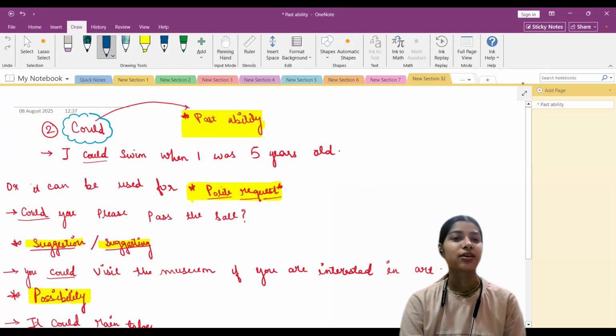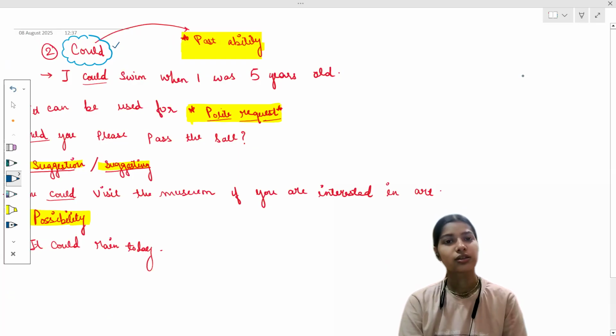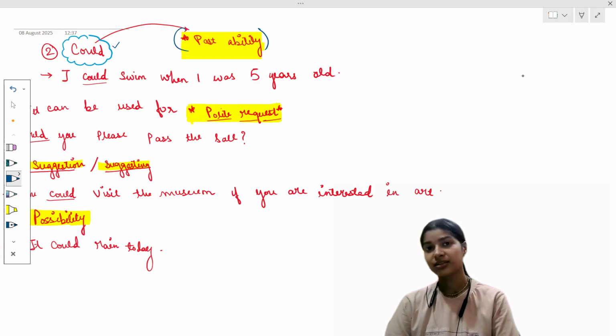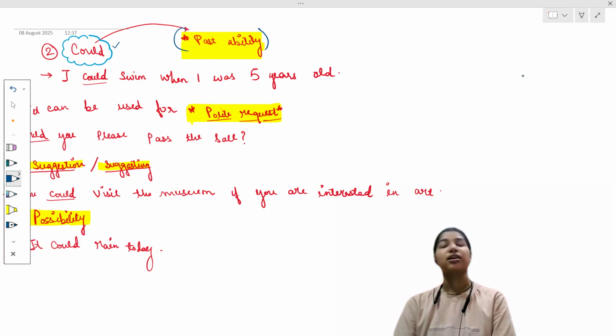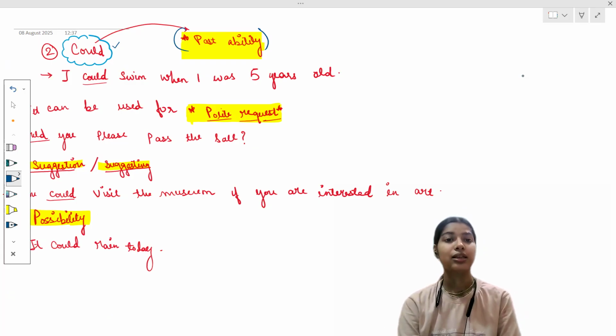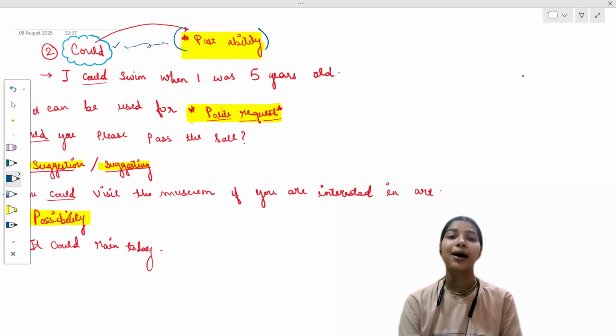How? Let's see. Could shows the past ability. Can shows the ability that is in the present. I can swim. It is in the present form. But could expresses the past ability.